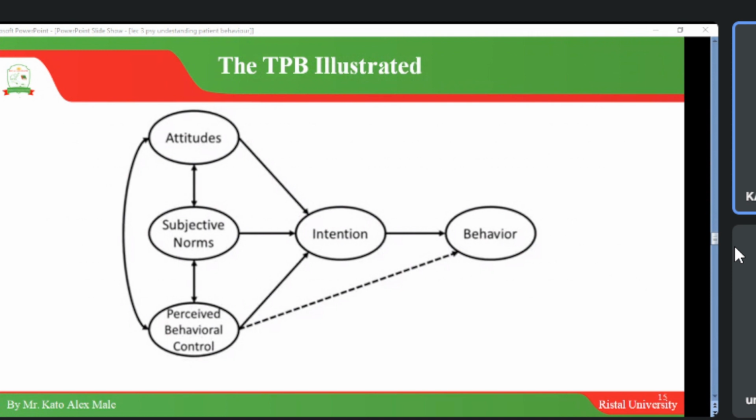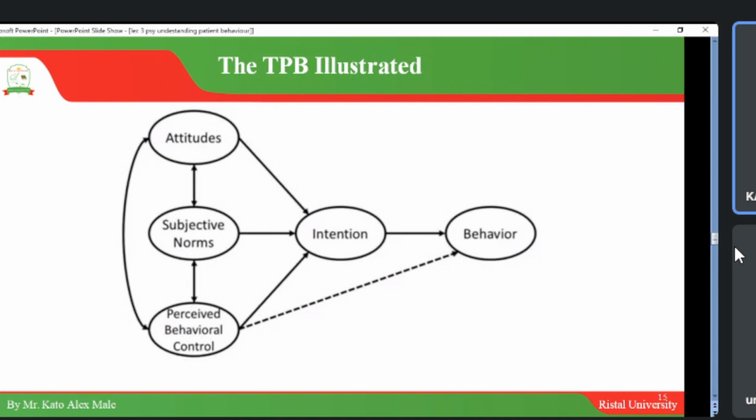I think I've talked about these three terms and how they lead to intention, and then intention gives behavior. So how the patient will behave comes a lot from their attitudes, from their subjective norms and control. I've told you before you administer any treatment procedure, look first of all at the crew of your patient. Who are the people around them? You get it?